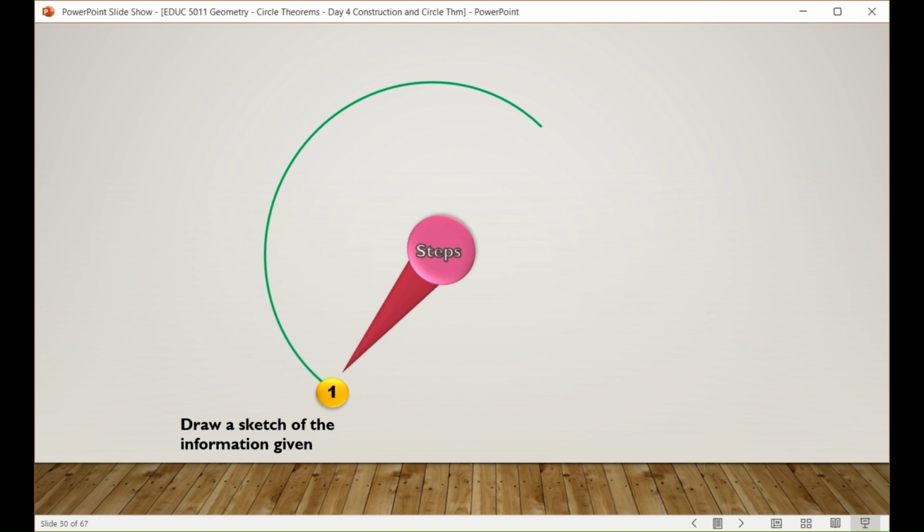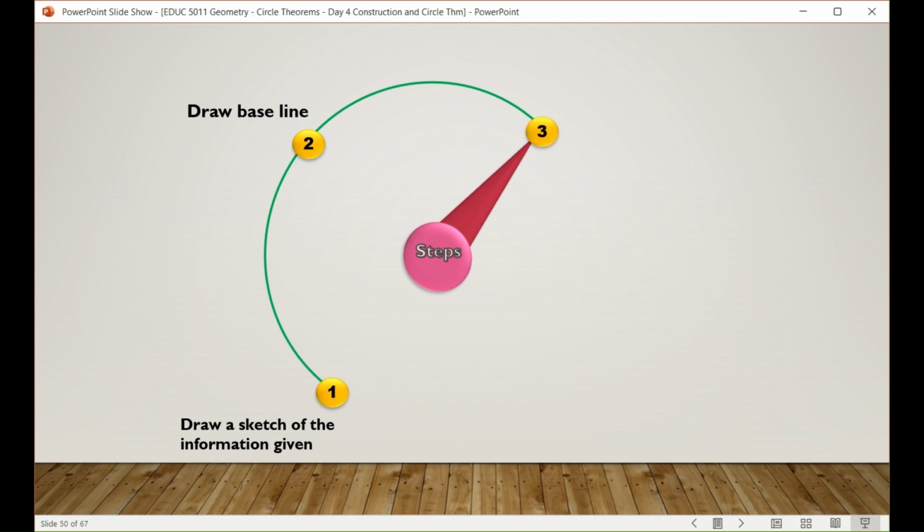So when they see that, then they have a model to follow from. After they draw a freehand sketch, the next step will always be to construct a baseline. And when we draw our baseline, from there, we can now proceed to actually solving the particular construction.